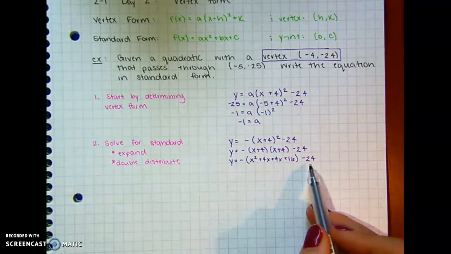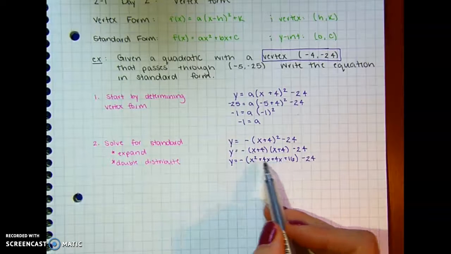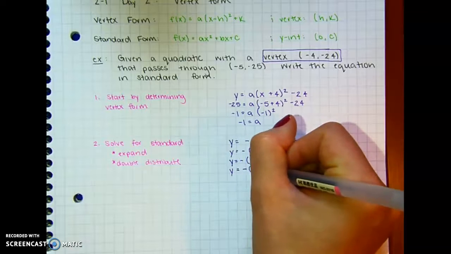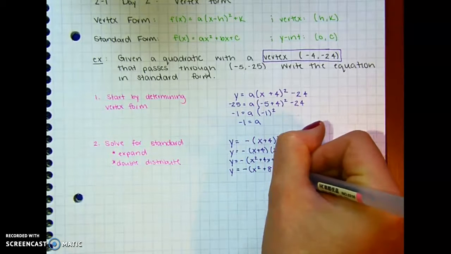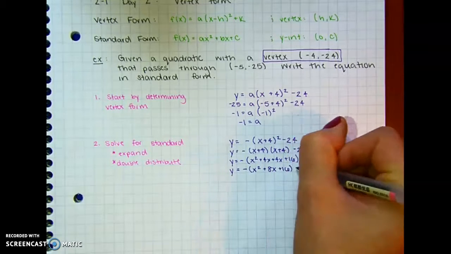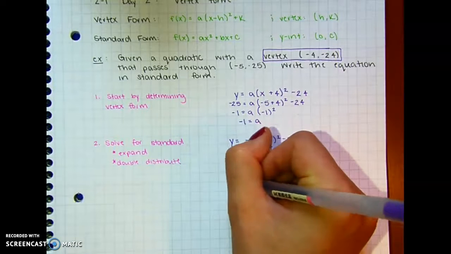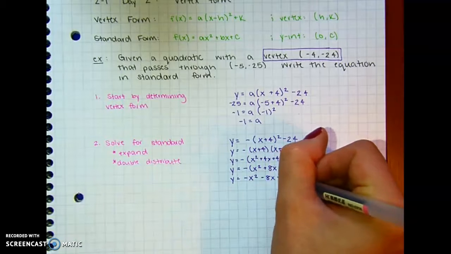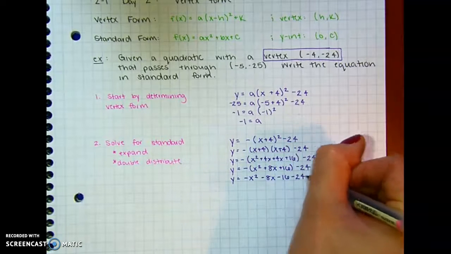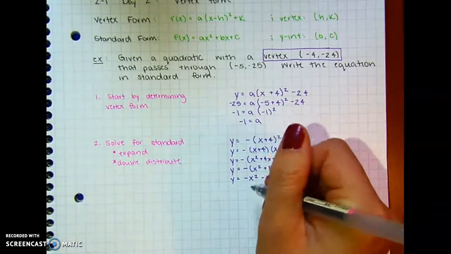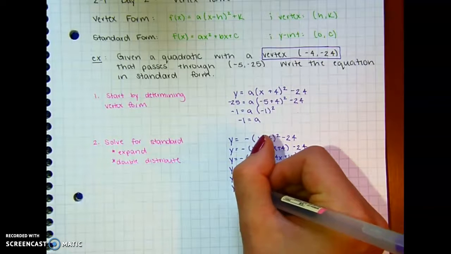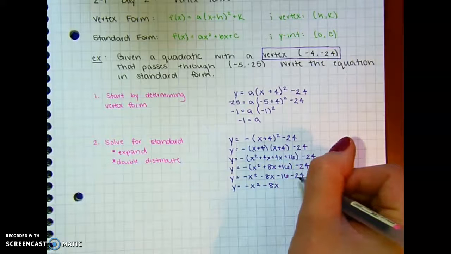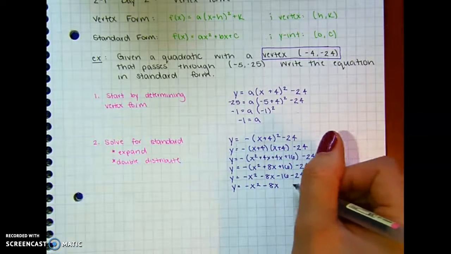Now we cannot combine these yet because we need to distribute this negative. We can combine the like terms first, and then distribute. So negative x squared minus 8x minus 16. Bring down that minus 24. Now I can combine all of this. So my final answer is negative x squared minus 8x, and negative 16 minus 24 is negative 40.